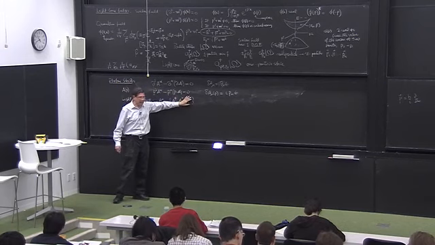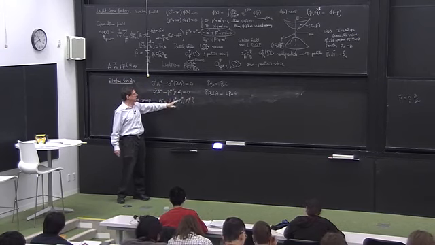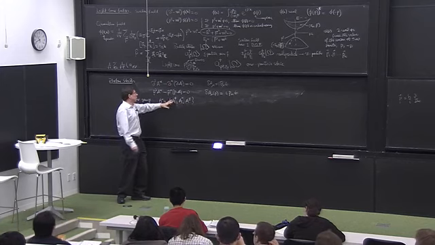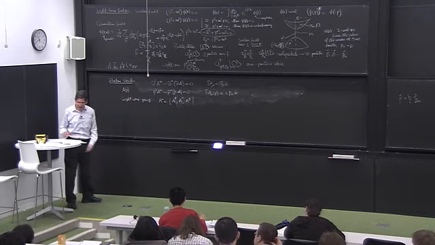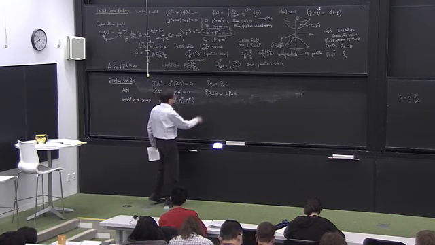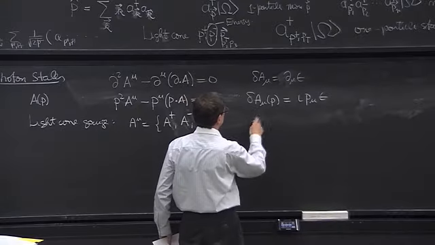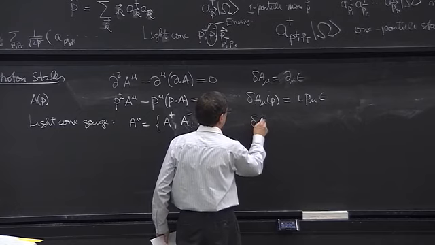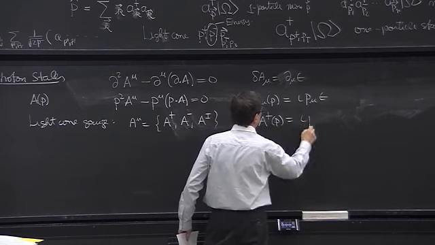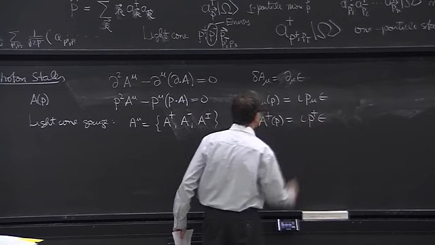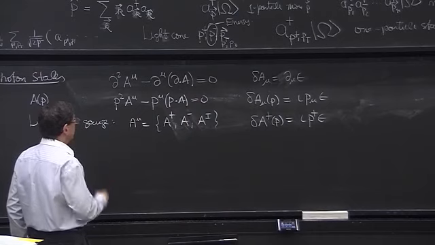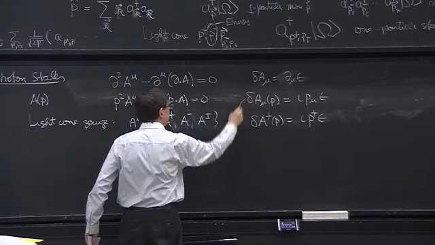We assumed we had the X transverse, and we solved for X minus. So it's going to be very similar here. I can put delta A plus of P equals I P plus epsilon. That's a gauge transformation of A plus from here.